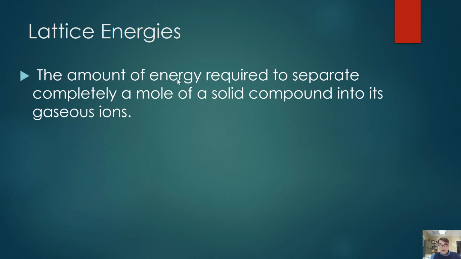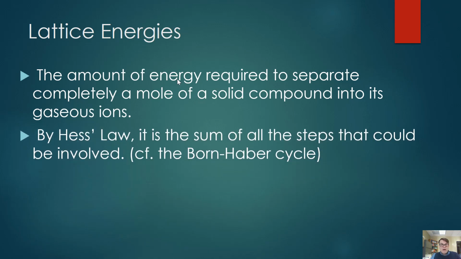And so how do you figure out, let's say you don't have a chart, how would you figure it out? Well, basically you do it by way of the Born-Haber cycle. The Born-Haber cycle basically says that if you want to find the lattice energy to get sodium chloride from a solid to that ionic gas stage, you basically add up the enthalpy change, the energy change for each step along the way. Now there may be more than one way to get from A to B, but Hess's law says that no matter which path you take to get from state A to state B, the total amount is going to be the same.